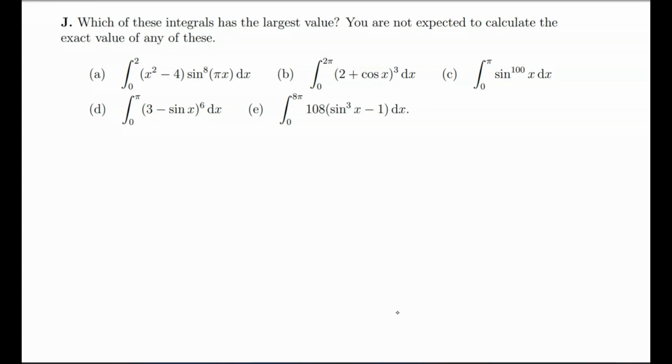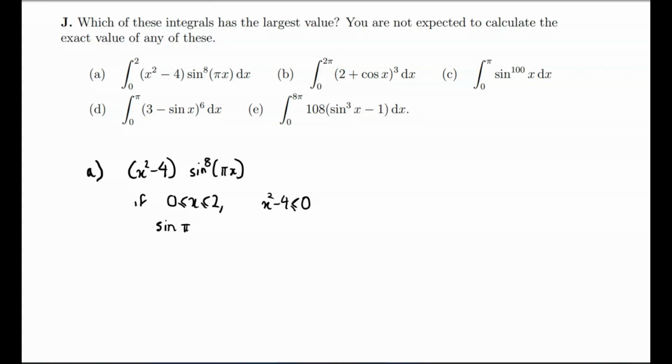Okay, so if we consider option A first, the function being integrated is x squared minus 4 times sine to the 8 of pi x. With x ranging from 0 to 2, we have that x squared minus 4 is going to be less than or equal to 0, and sine pi x to the 8 is going to be larger than or equal to 0.